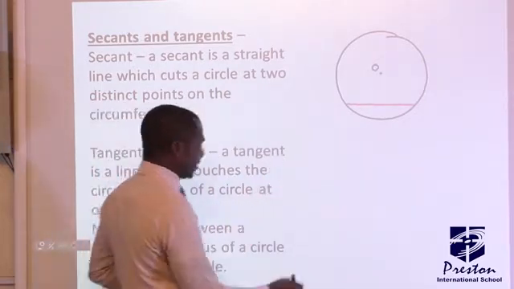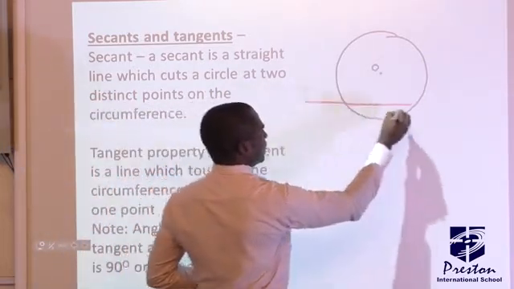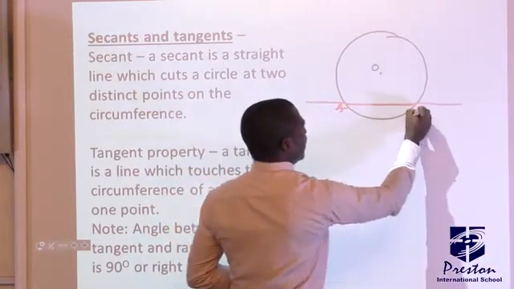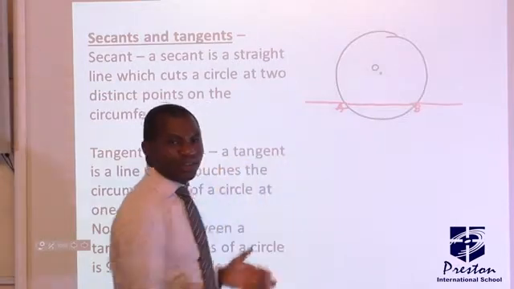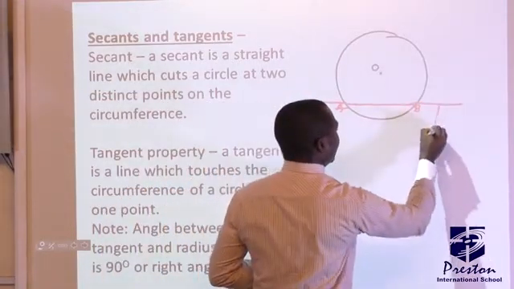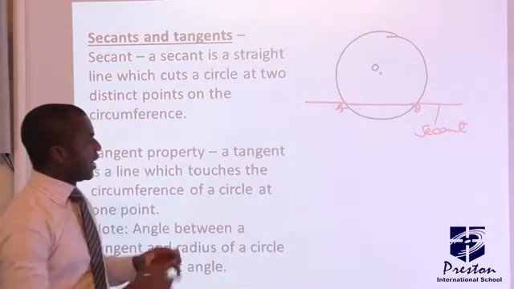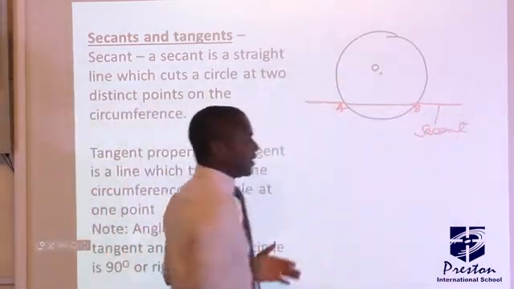Now, when you extend the chord out like this, let's say this is A, and let's call this place B. Extending your chord gives you what we call a secant. So, an elongated chord on both sides gives what?